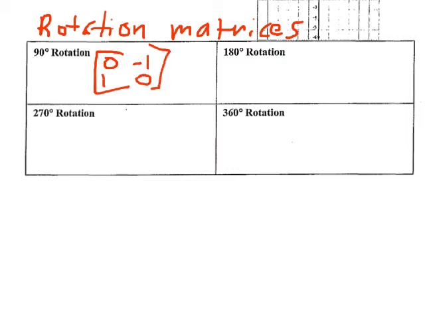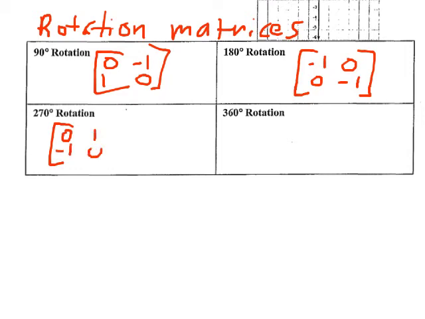For 180 degrees, the rotation matrix is -1, 0, 0, -1. For 270 degrees, the rotation matrix is 0, 1, -1, 0. And for 360 degrees, we have what's called the identity matrix, the matrix that doesn't move the point at all, but in doing that also moves it 360 degrees, right? Because if I move the point around 360 degrees, it goes back to the same place where it started.